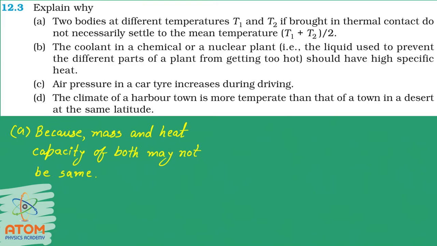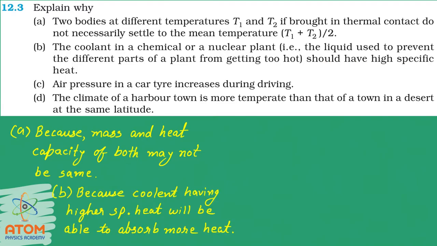Now B: the coolant in a chemical or a nuclear plant, that is, the liquid used to prevent the different parts of the plant from getting too hot, should have higher specific heat. Why is it necessary that the coolant should always have higher specific heat? The answer is simple. Because a coolant having higher specific heat will be able to absorb more heat. Coolants are used to absorb the heat from the plant, right?